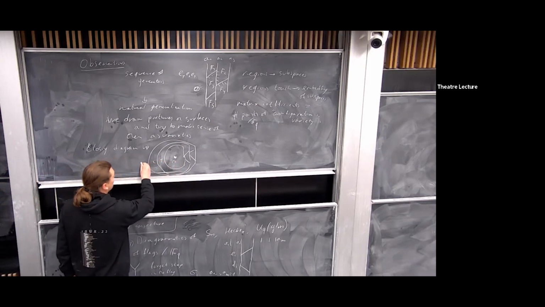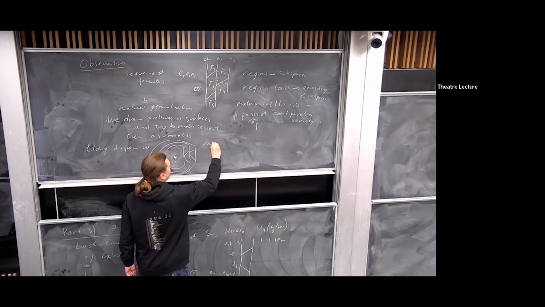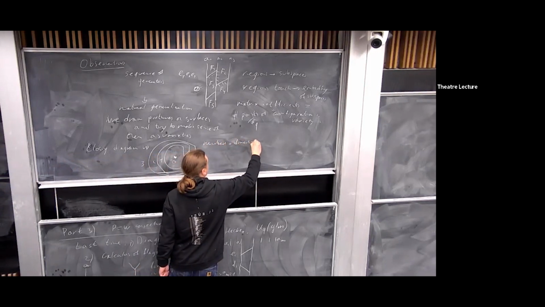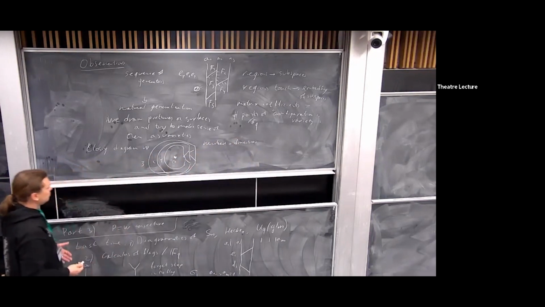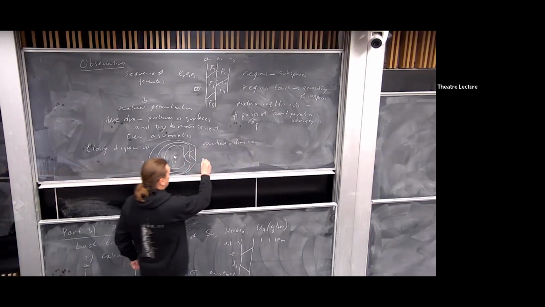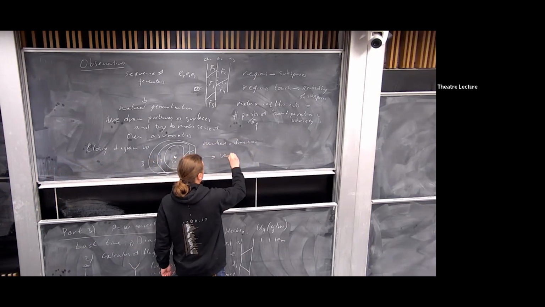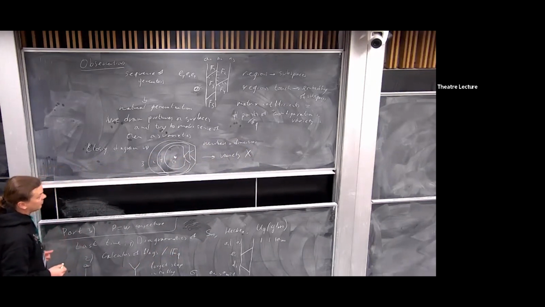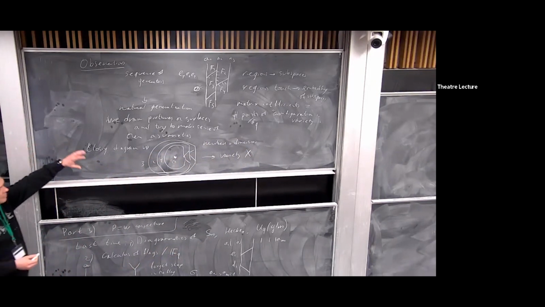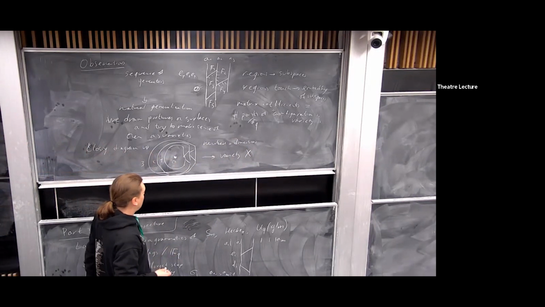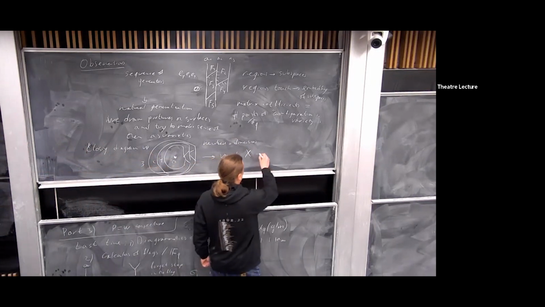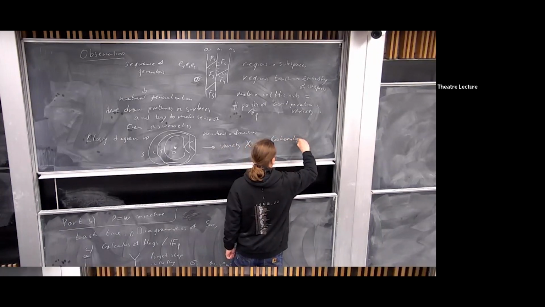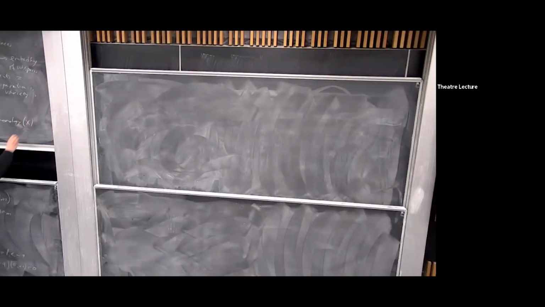The numbers are dimensions. This produces a variety. And then, as I explained, you can count points on this variety, or you can take its cohomology.